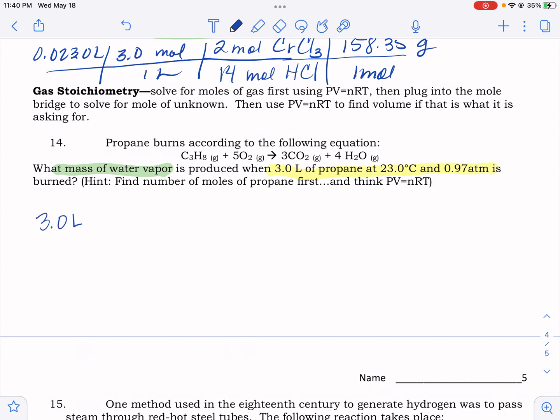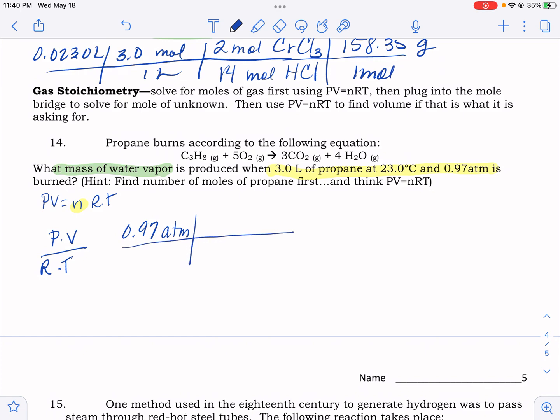Well, first of all, I better write PV equals nRT. If we solve for number of moles, we're going to do pressure times volume over the ideal gas constant times temperature. The pressure given is 0.97 atm. I'm going to go ahead and set it up real fast. The volume is 3.0 liters.